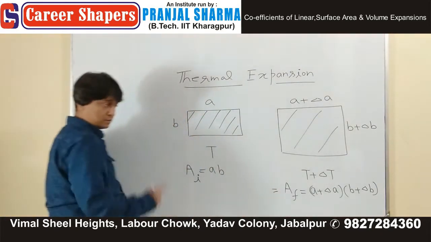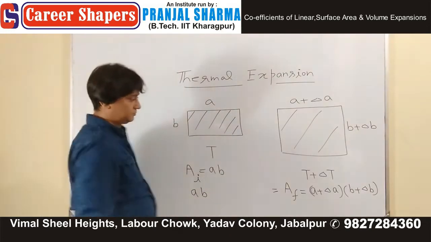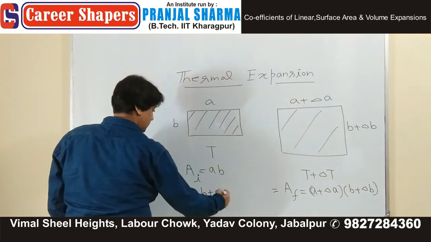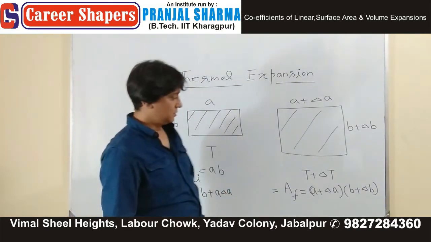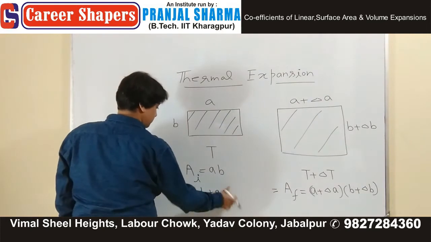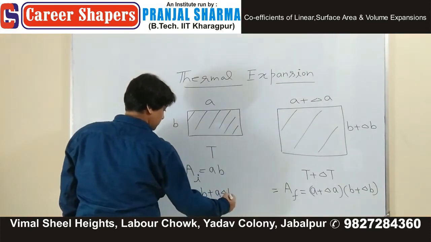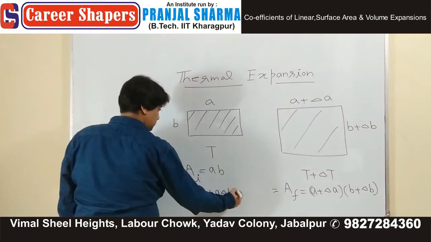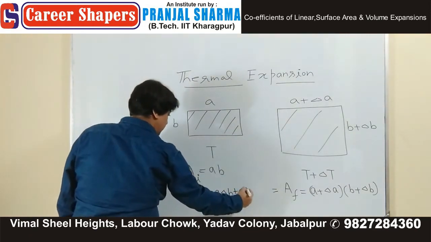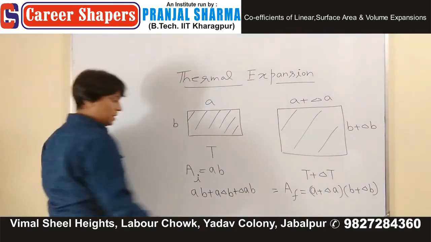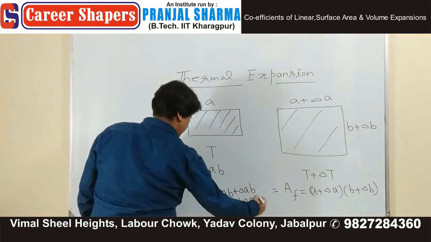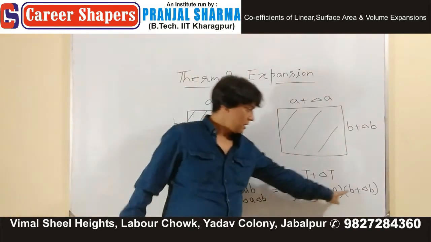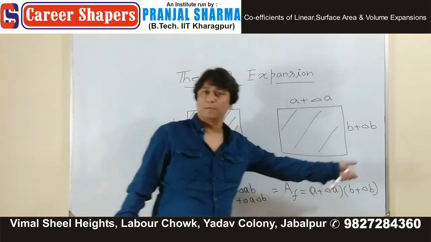This area is coming AB plus A into delta B, plus delta A into B, plus delta A multiplied by delta B.